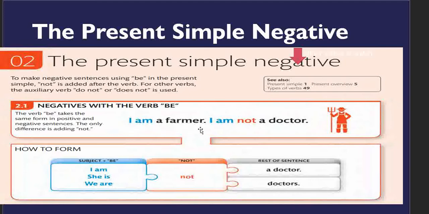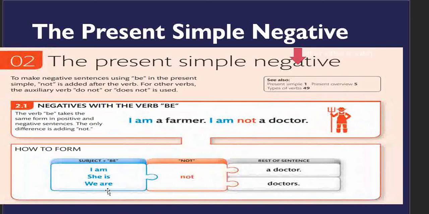Now let us see the structure, how it is formed. Looking at the be form, I will take am along with it. She will take is along with it. Even the word he will take is along with it. It will also take is along with it. We will take are along with it.